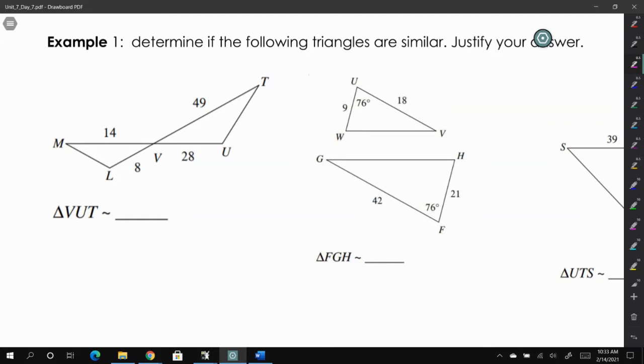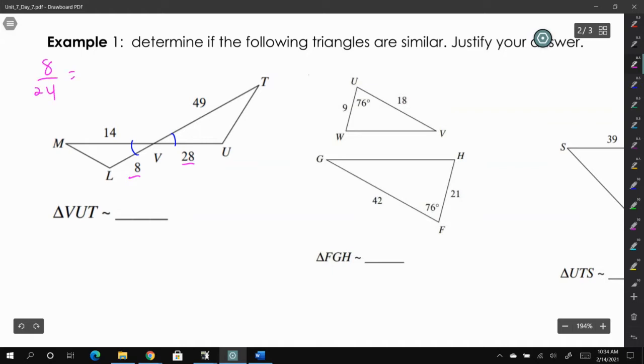So let's look at number 1 here. First, we see that angle V and angle V are congruent. Those are vertical angles. Then we have to see if the side lengths are proportional. I'm going to pair up these smaller sides. So 8 over 24.